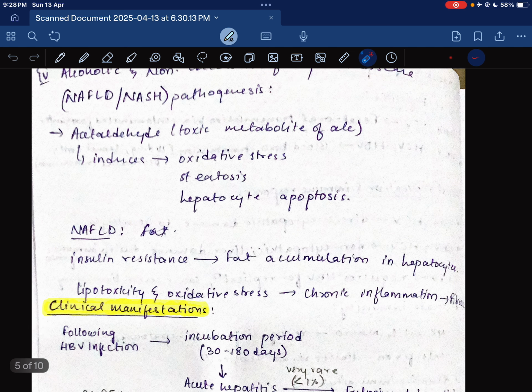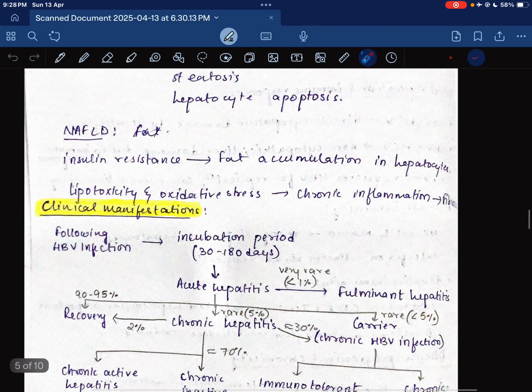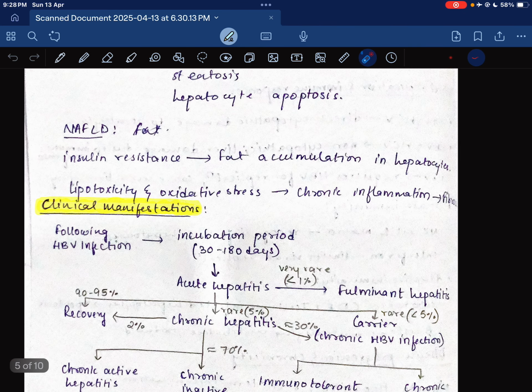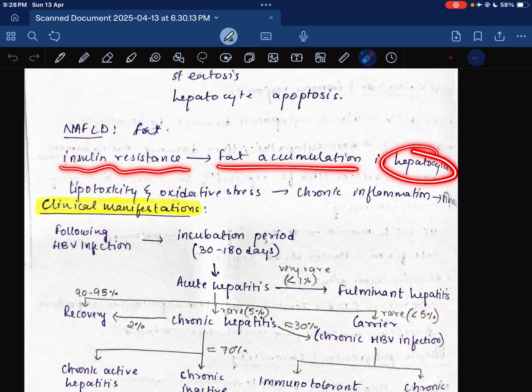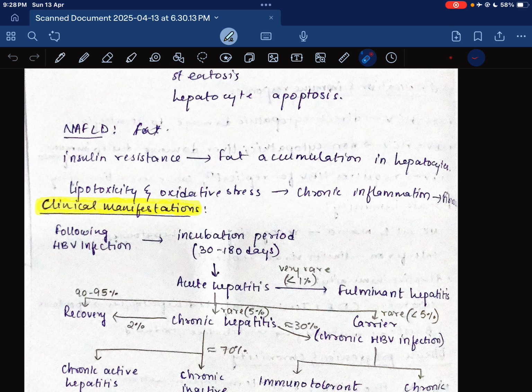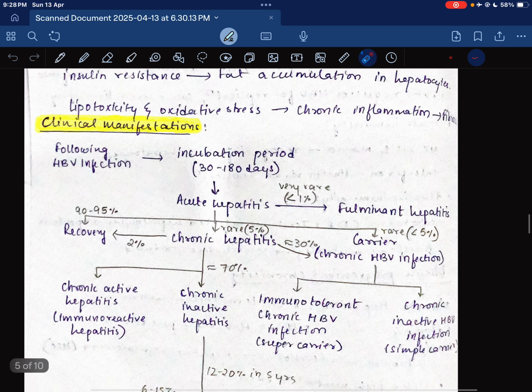The alcoholic toxic metabolite is acetaldehyde, which induces oxidative stress, steatosis, and hepatocyte apoptosis. In non-alcoholic fatty liver disease, insulin resistance leads to fat accumulation in hepatocytes and causes lipotoxicity and oxidative stress, which results in chronic inflammation and fibrosis.